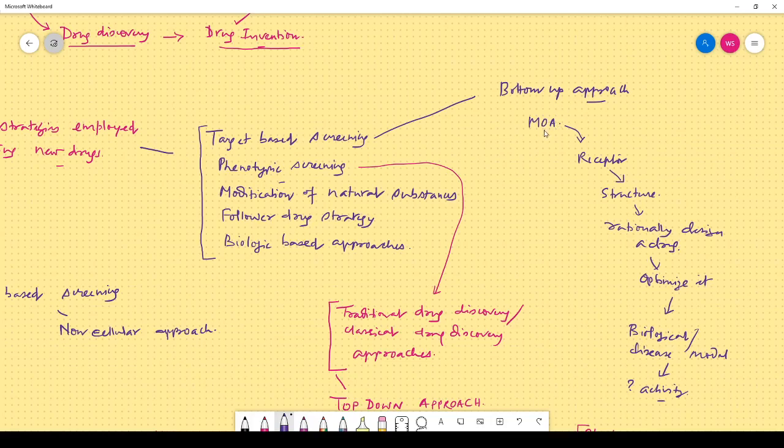Okay, so you begin with a hypothesis, and then you look at the action. So that is a bottom-up approach.